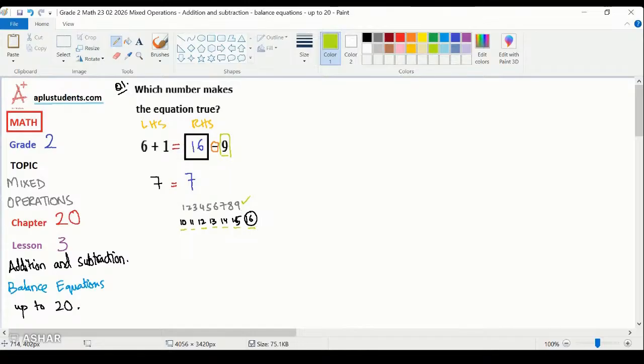Or what we could have done was, if the question given was 6 plus 1 is equal to a missing number minus 9, we know this came out to be 7. Then 7 plus 9 should be 16. So we write 16 over here. Agreed?